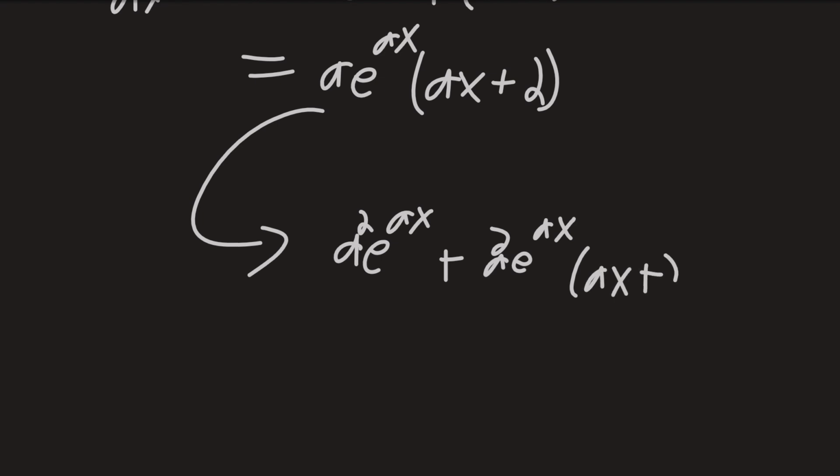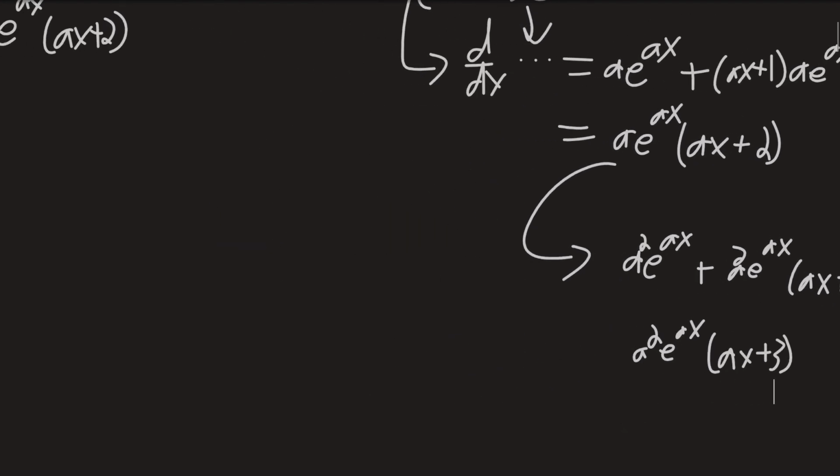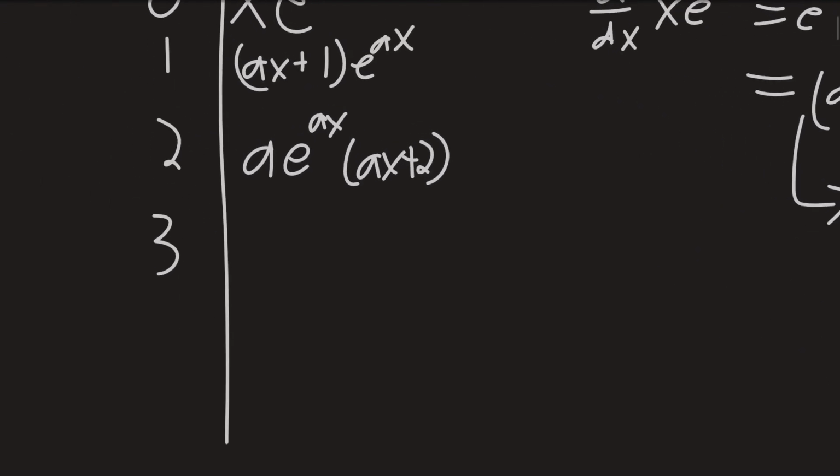Then if you factor out an a squared e to the ax, what we're left with is just ax plus 3. So if you look at the pattern through these, let me write this down: a squared e to the ax times ax plus 3.